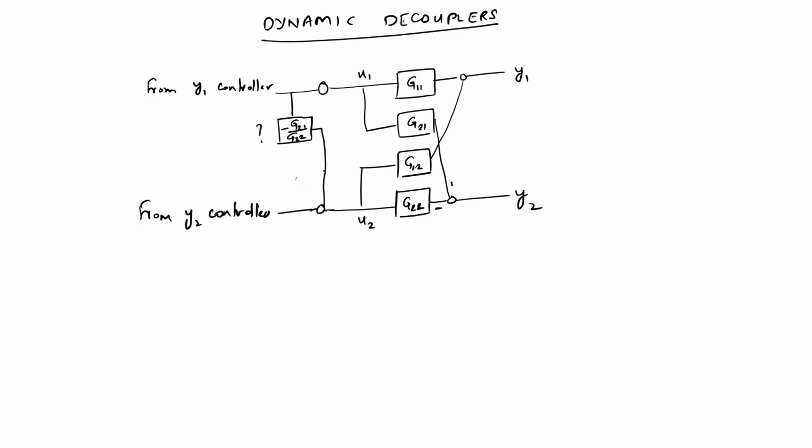I can also apply two-way decoupling and say, what should I put in here so that when the Y2 controller is going to change U2, a counter effect is taken onto U1 so that Y1 does not deviate from its set point. So the deviation in Y1 is 0.